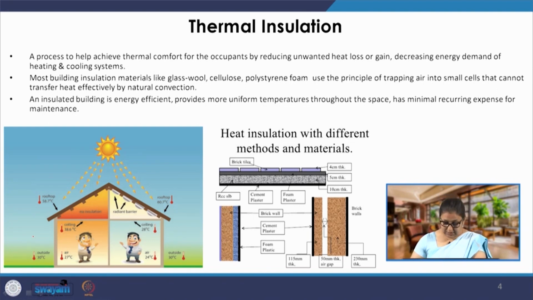What we see here is the same building, and in one part of it there is no insulation. Insulation primarily is a material which has very low conductivity, so it will not conduct the heat from one side to the other, or allow the heat to pass through it. Now, if we have added insulation, as you can see here, then what will happen?